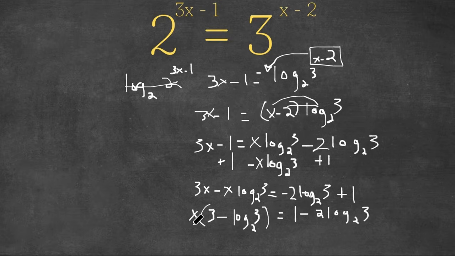All right, so now let's bring this over here. Now we're going to divide by 3 minus log subscript 2 of 3 so we can isolate x.